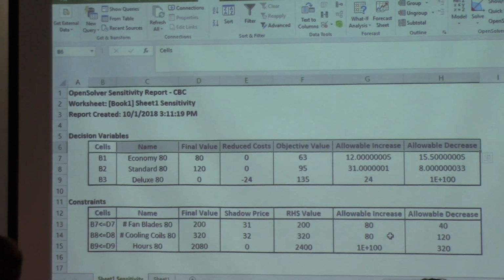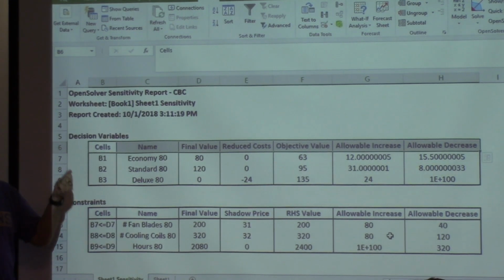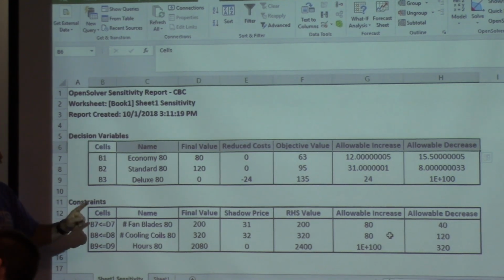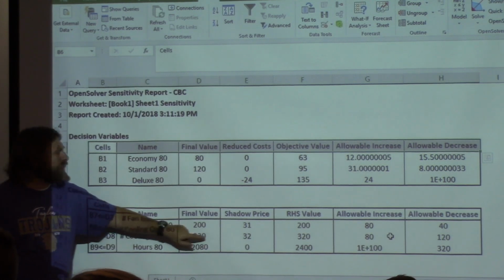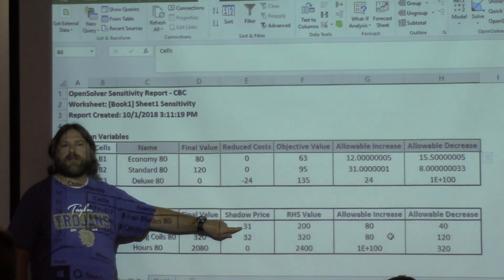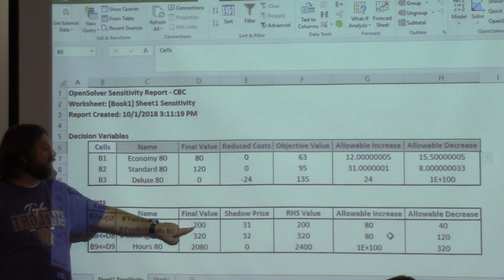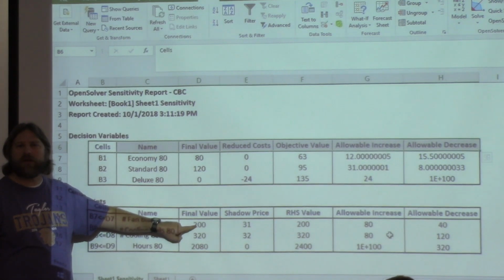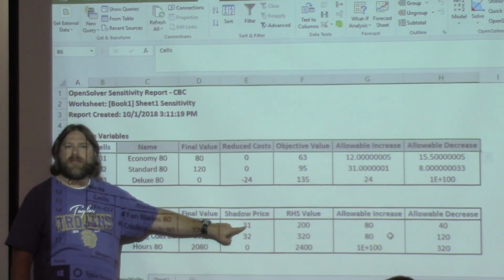Yeah, Ross. What does the dual mean? Okay, so the dual, remember, is that for every one change in our right-hand side value, we will see this much improvement in the objective function. So what that means is if we increase this value from 200 to 201, we would expect the objective function to increase by 31.